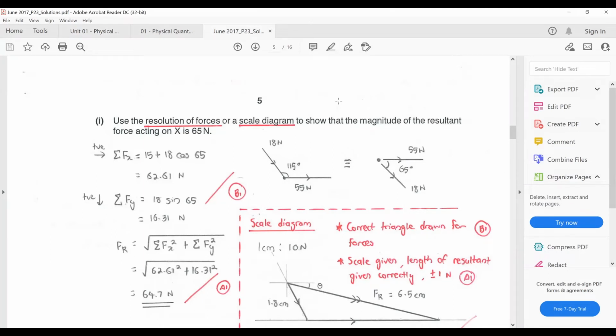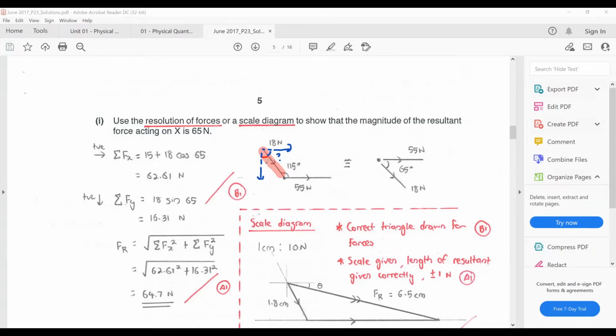In your case, your only diagonal vector is this one. You want to resolve it, so you get something like this and something like this. First you need to find out what your angle is here. There are a few ways you can go about this. You can find the angle here, or you can find the angle here.